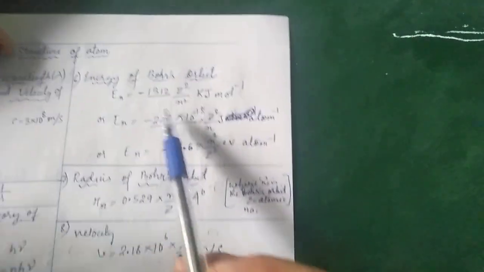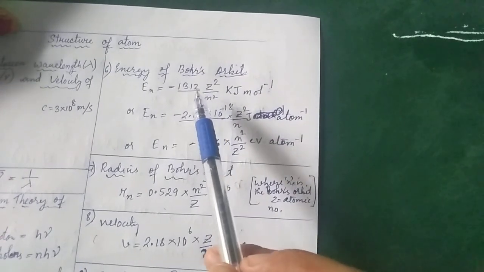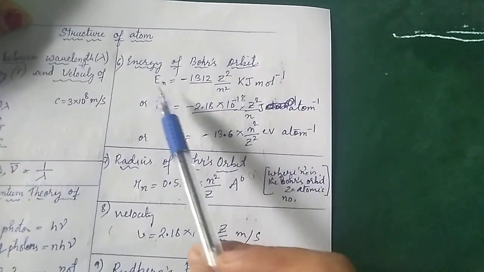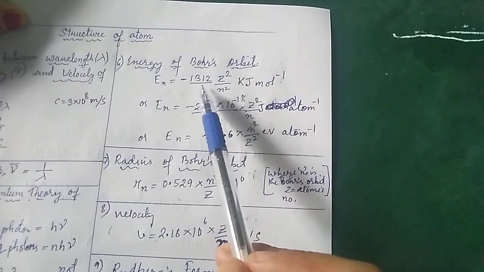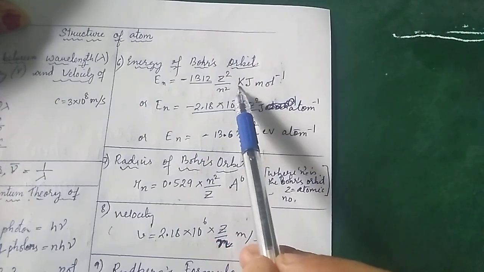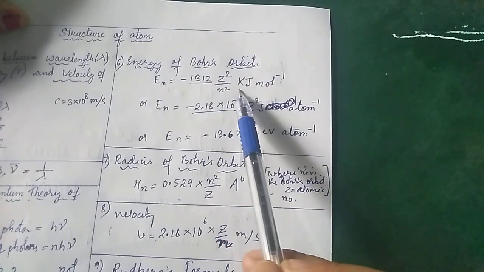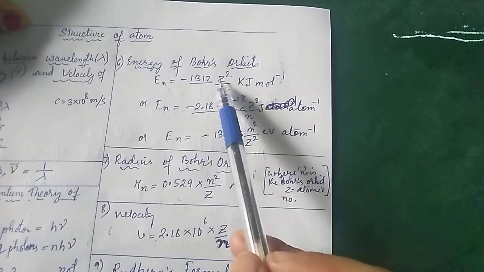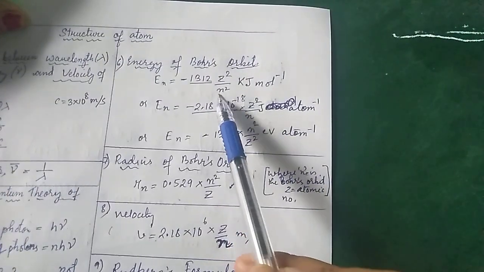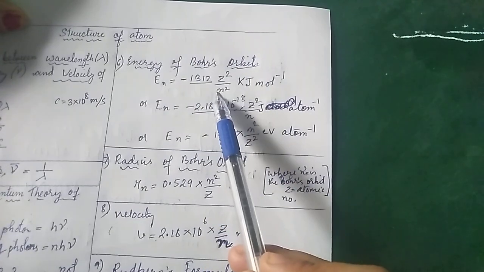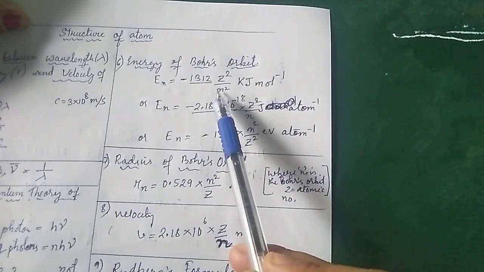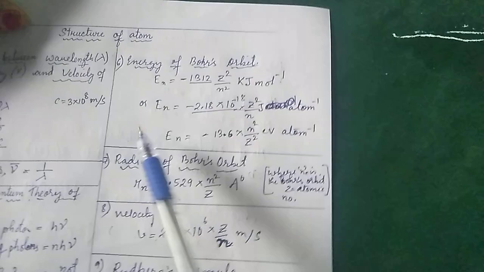Next, energy of Bohr's orbit. The energy of Bohr's orbit is minus 1312 z square by n square kilojoule per mole, so this is in terms of kilojoule per mole. Z is the atomic number, n is the Bohr's orbit. That means if the orbit is 1, we put 1 here; if the orbit is second, we put 2.